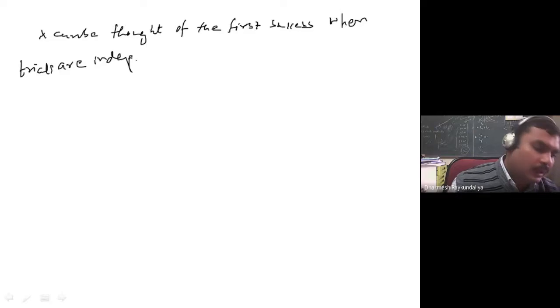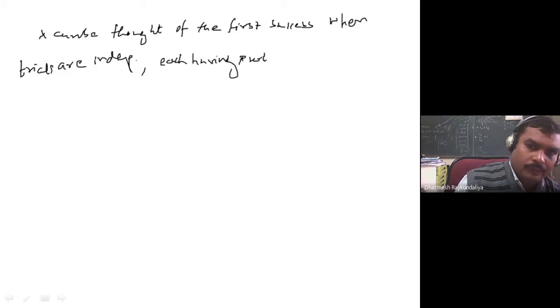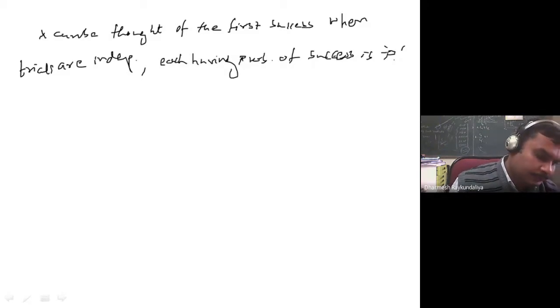So trials are independent and we wish to find out the probability of success, each having probability of success P. P is the probability of success.